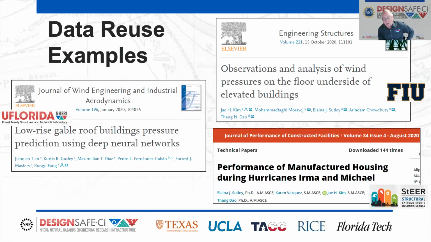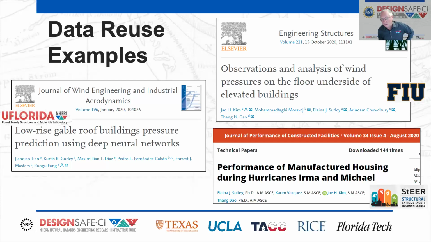People do reuse a lot of the data. Some of our data sets have thousands and thousands of downloads, especially a lot of the hurricane data and earthquake data. People are downloading and reusing that data. And we have many examples of people reusing and citing that data properly and making it discoverable.